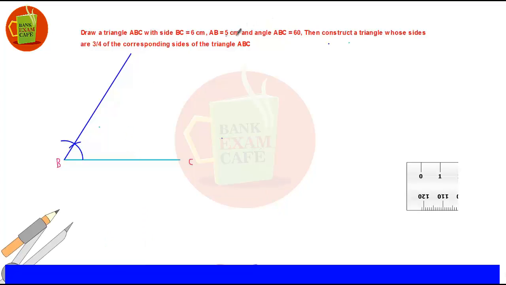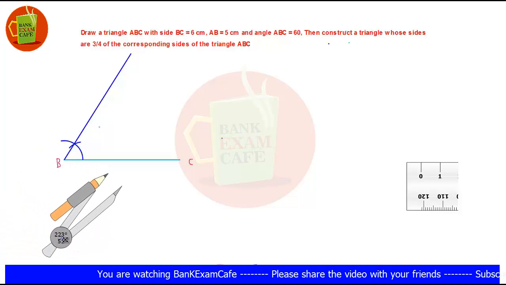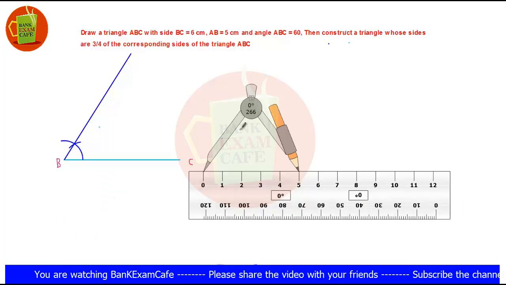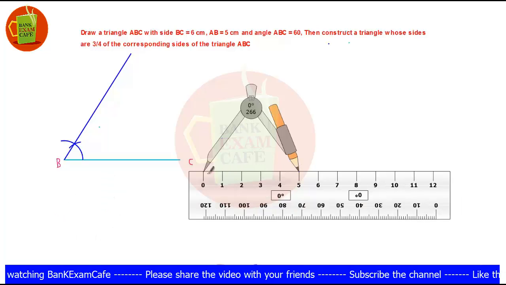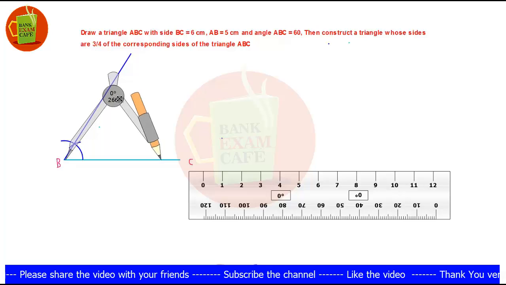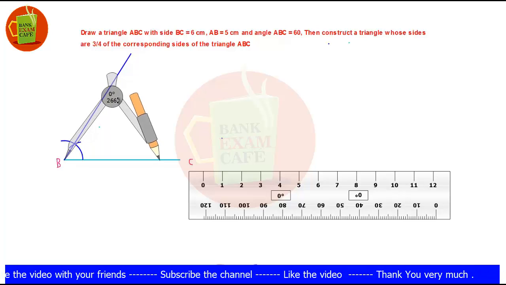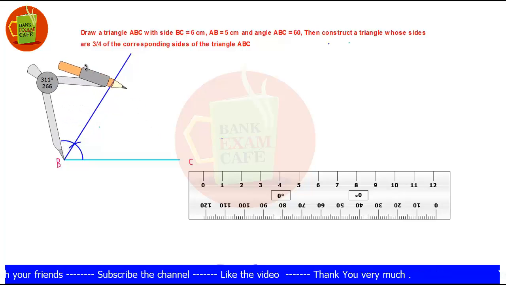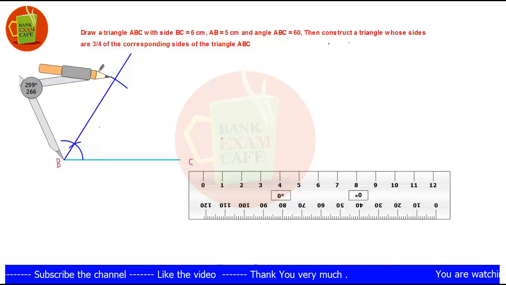Now AB is given as 5 centimeter, and that A point must be on this line, and therefore take a radius of 5 centimeter and B as a center. Draw an arc cutting this line. So here take B as a center, and with compass take a distance of 5 centimeter, then take B as a center and cut the arc so that it will cut this line.